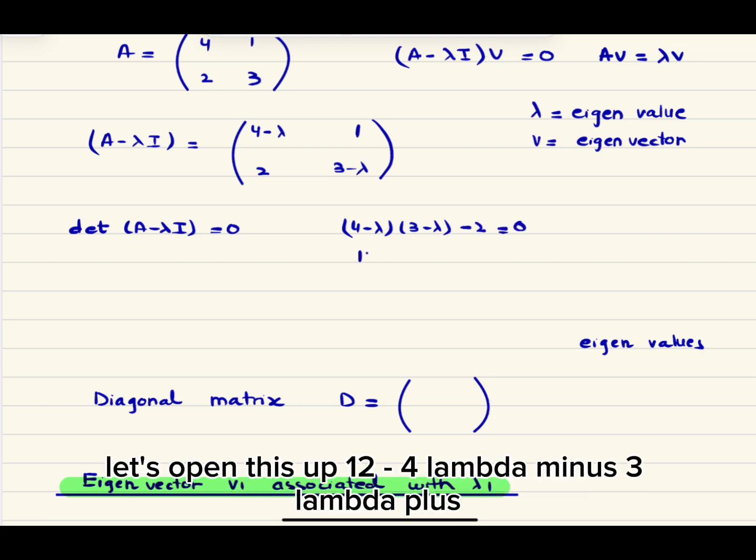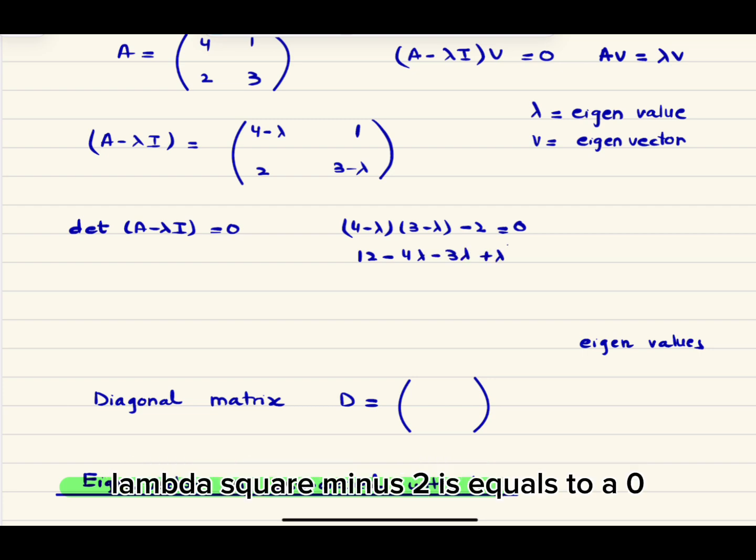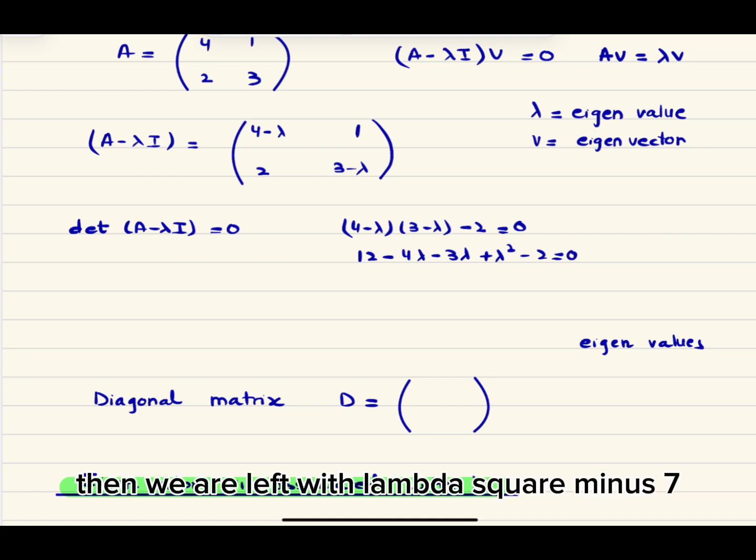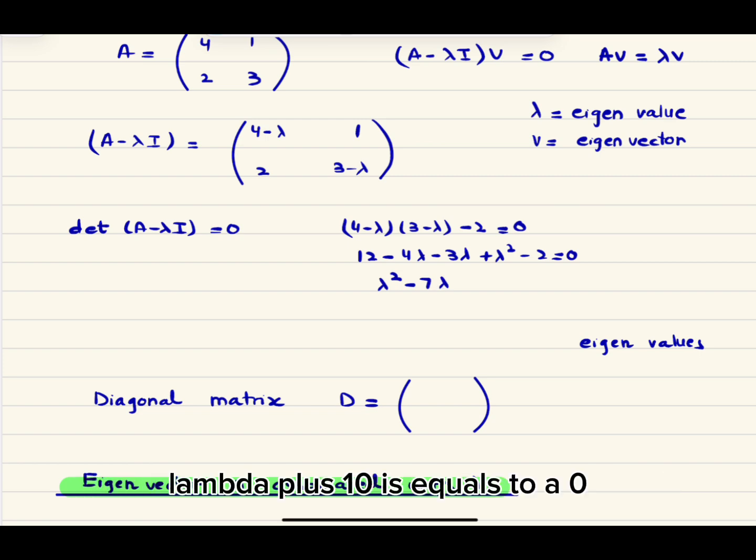Let's open this up. 12 minus 4 lambda minus 3 lambda plus lambda squared minus 2 equals 0. Then we're left with lambda squared minus 7 lambda plus 10 equals 0.